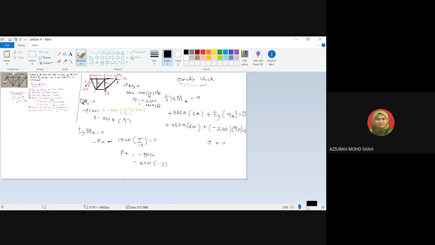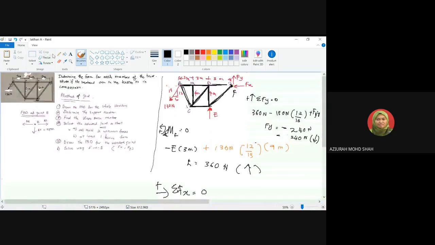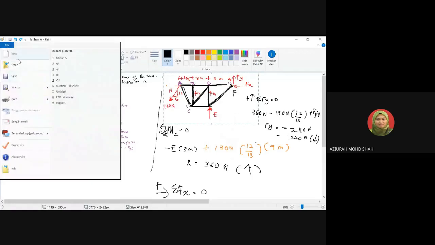Alright. And then we know that we have the zero force member. Okay, so I need to copy this. Tengok macam mana saya tulis information saya untuk memudahkan saya lah, sebab saya kena buat ruangan yang besar sikit.